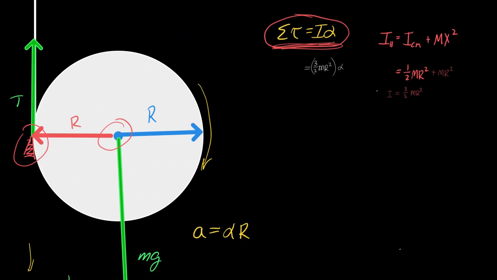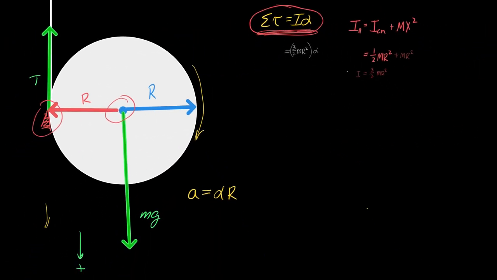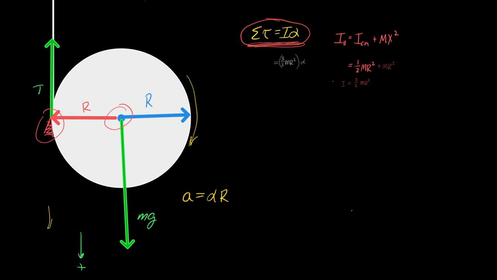I need net torque. So what is causing a torque about the pivot point? Well, if the pivot point is here, are there any forces acting with a torque arm distance greater than 0? mg. All right, so I do have a torque acting. mg is pulling with a torque arm distance of r.